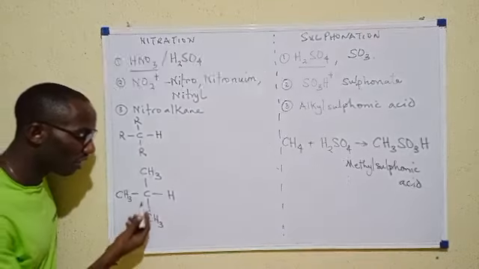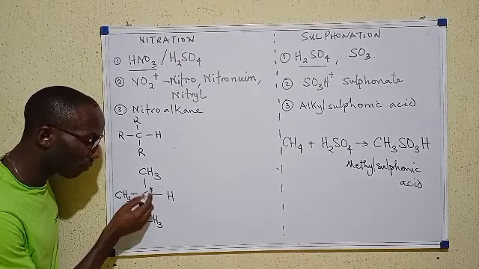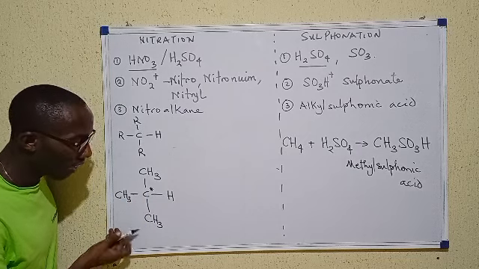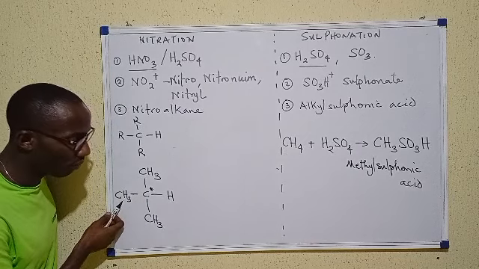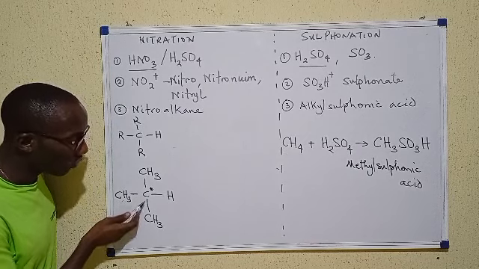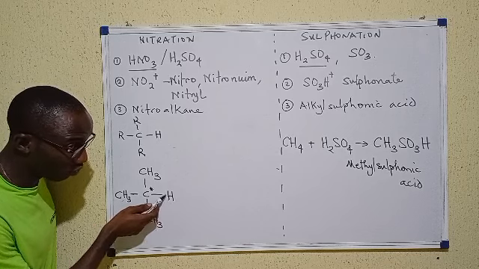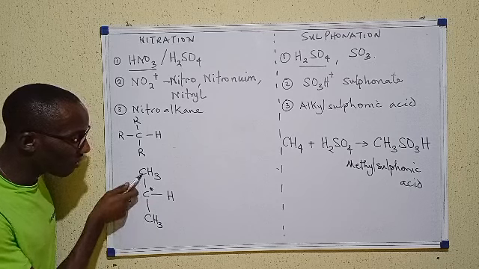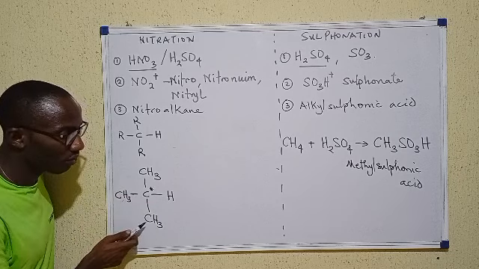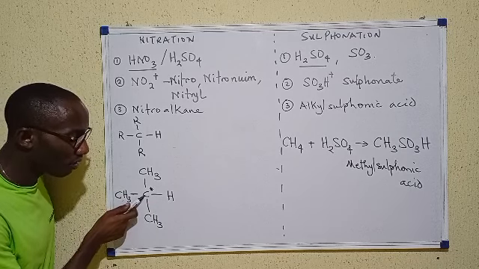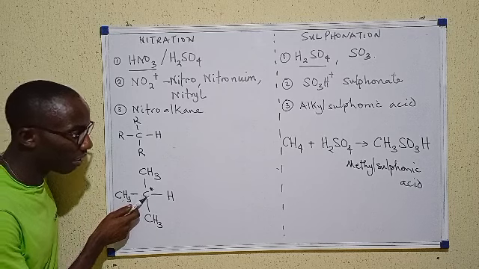Tertiary alkane in the sense that this carbon on the alkane has 1, 2, 3 carbons attached to it. So the carbon that bears this terminal hydrogen here, that's about to change, has 3 methyl groups, that is 3 other carbons attached to it. So we say this carbon is a tertiary carbon.